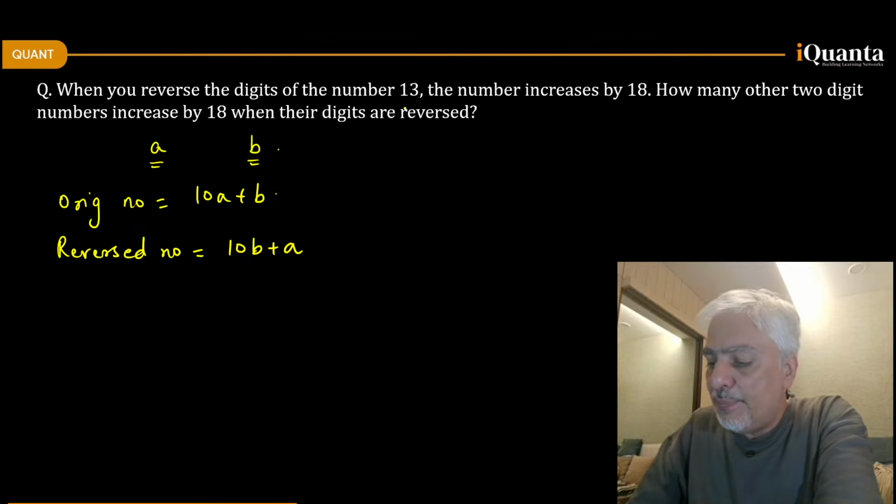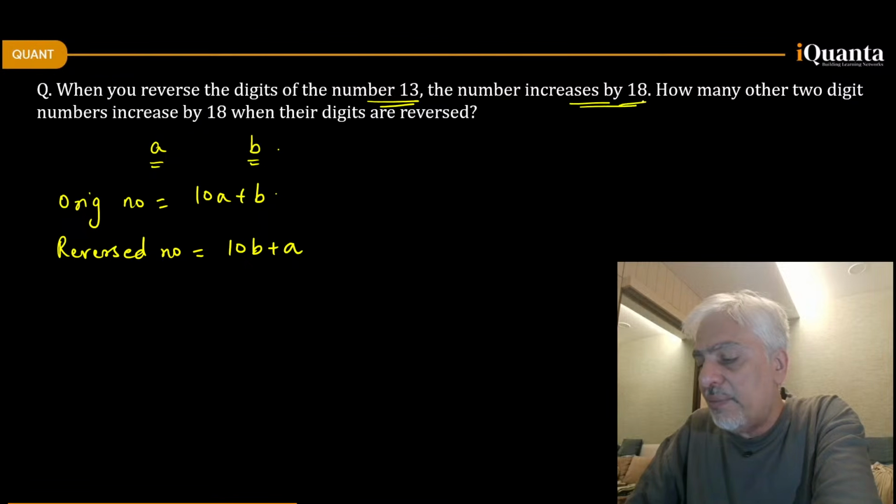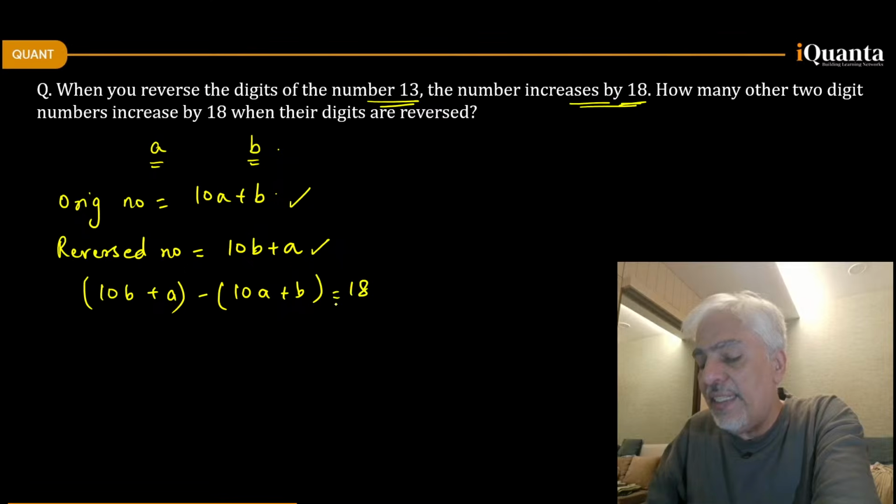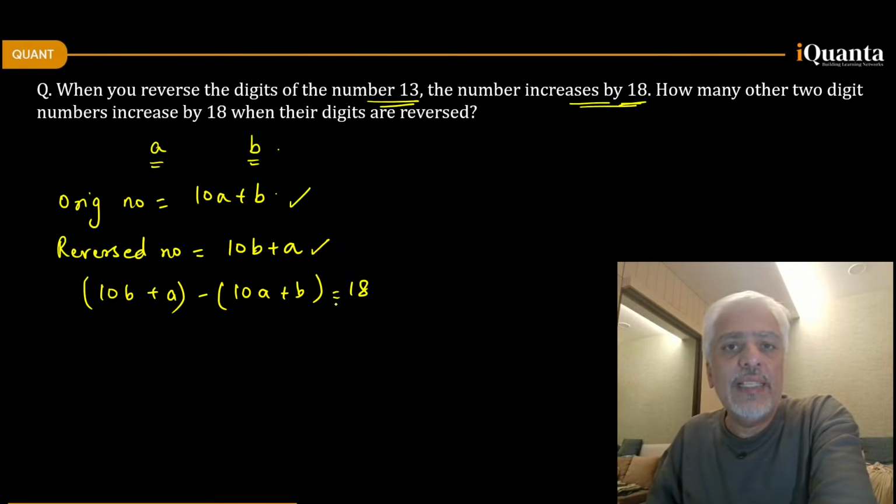Now, the example over here is not needed. The number increases by 18. That means the reverse number is bigger than the original number by 18. So (10B plus A) minus (10A plus B) is 18. If I open the brackets up, what will I get?